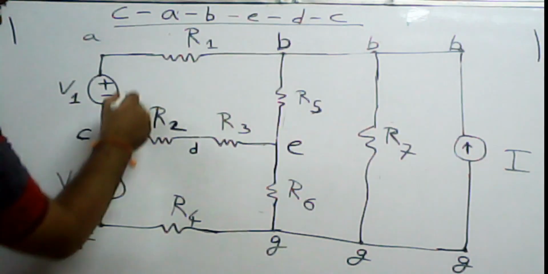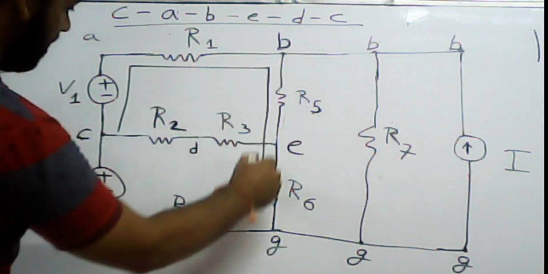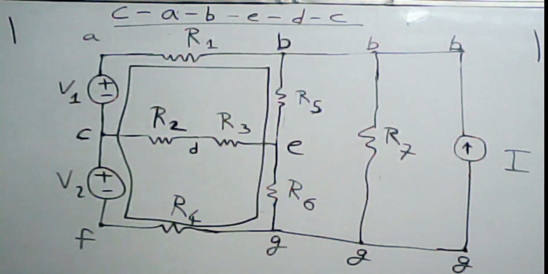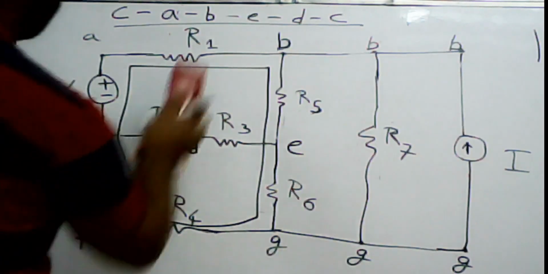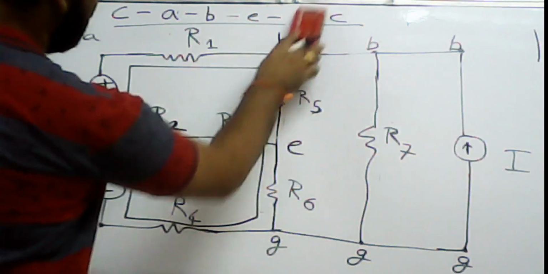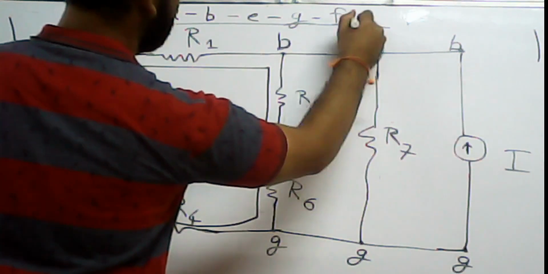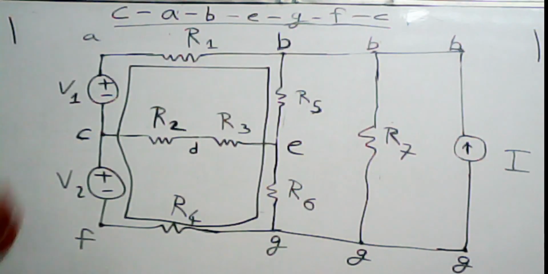Starting from C, A, B, E, G, F, and then again C. This part is a loop. C, then A, then B, then E, then G, then F, and then again C. This complete path in the network is also a loop because it is starting from C and ending at C, and while doing that it is passing through any other node only once.